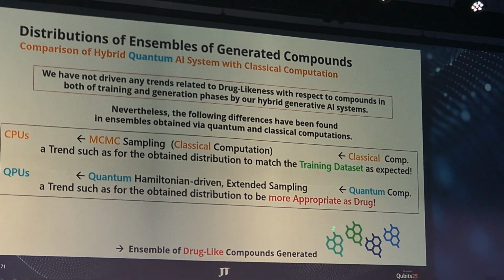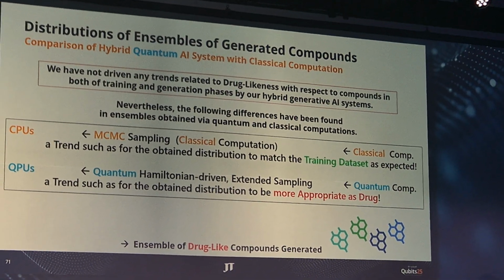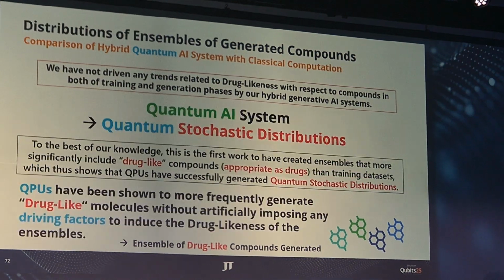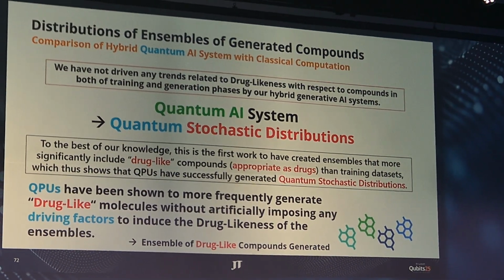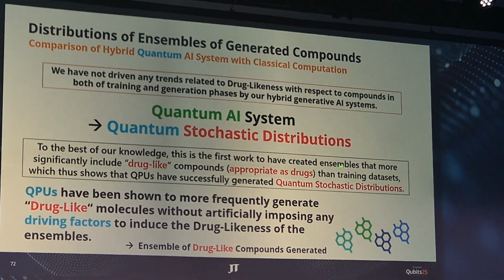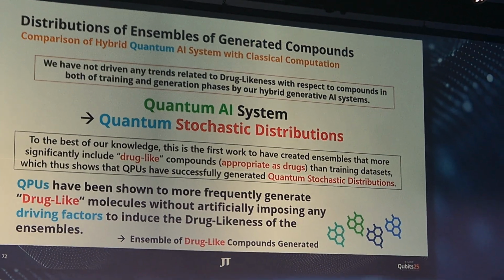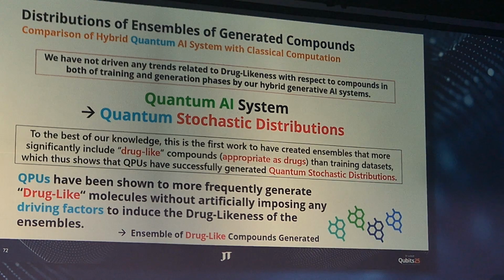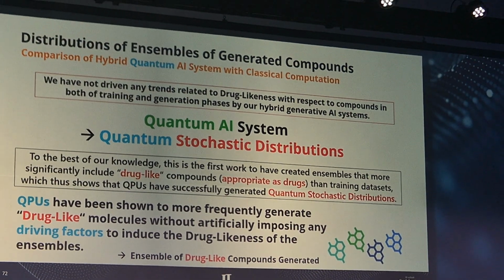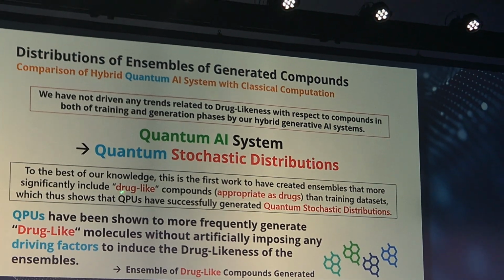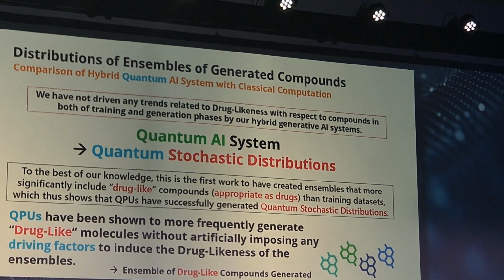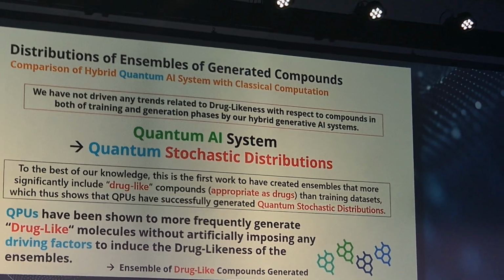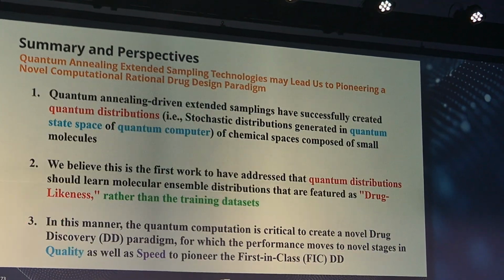This is an amazing achievement for us. To the best of our knowledge, this is the first work to have created ensembles, molecular ensembles, that more significantly facilitated more drug-like compounds, more operated as drugs than training data sets.